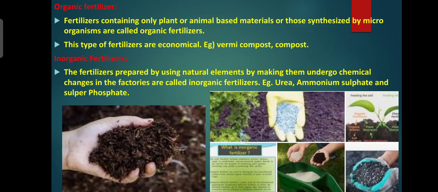Now we are going to discuss organic fertilizer. Organic fertilizer, or natural fertilizer, is obtained from plants and animals. It enriches the soil with the carbonic compounds essential for plant growth.